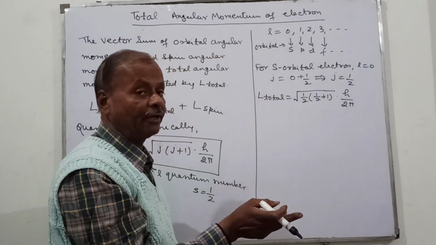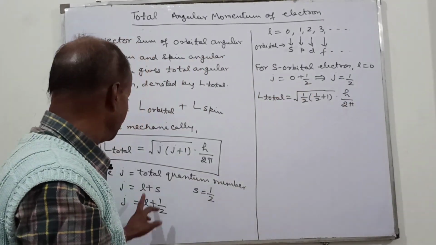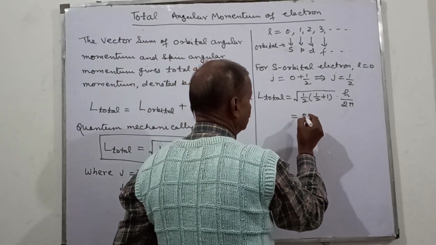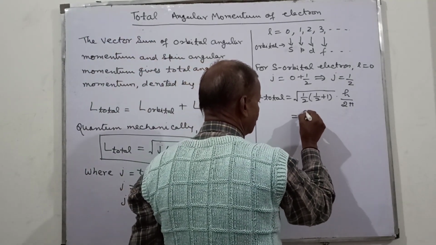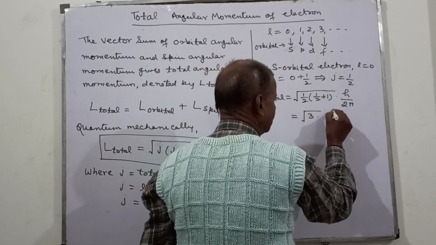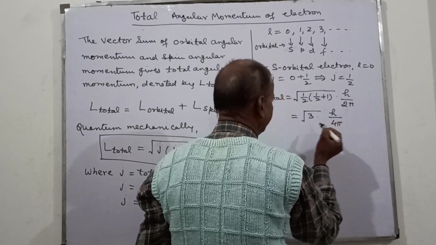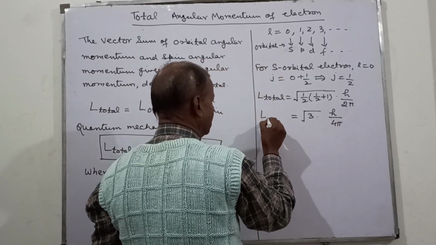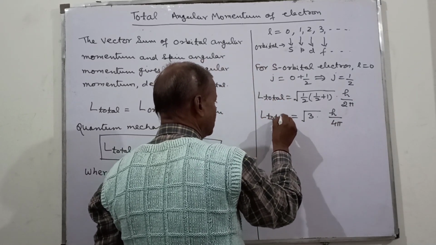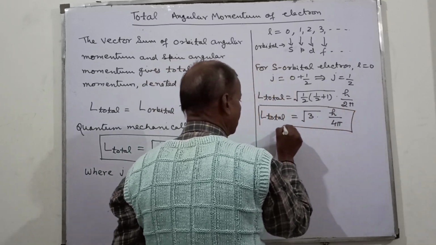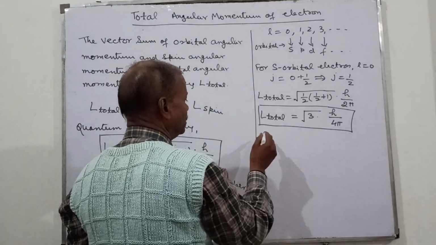Putting the value of J in this formula, this is equal to square root of 3 into h upon 4 pi. This is L total for S orbital.